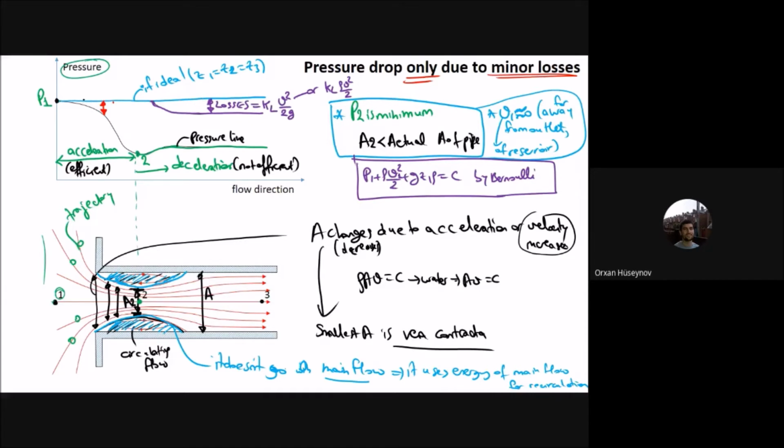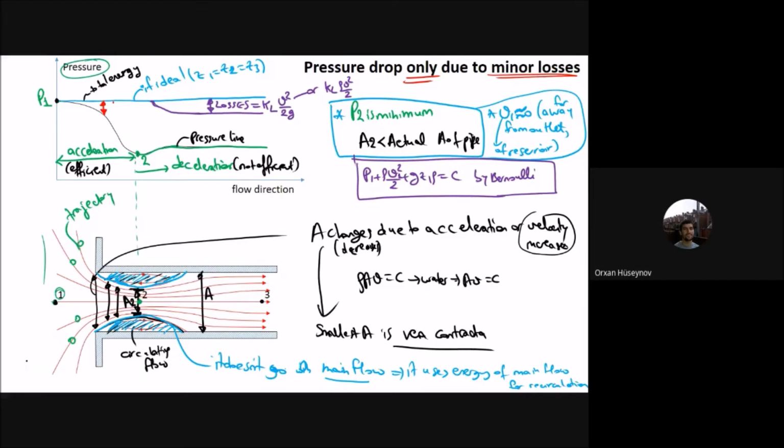This is the total energy line, so this one should be constant. But in reality, it doesn't happen. So there are losses. But the pressure also drops and something increases. What does the fluid gain as it moves from point 1 to 2 and point 2 to 3? Kinetic energy, of course.